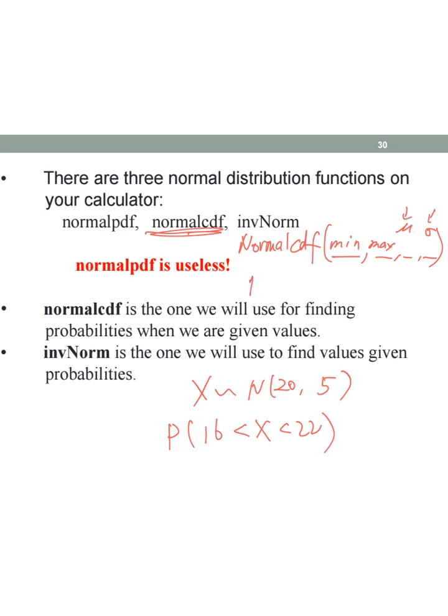If we are looking for the probability for x between 10 and 20, input 10 as your minimum, 20 as your maximum, mean equal to 20, and standard deviation equal to 5. It's much easier than the empirical rule. You just press several buttons. But if you don't have a calculator with you, you can use the empirical rule to help you roughly get the probability number.